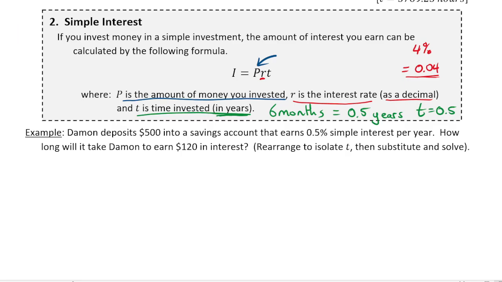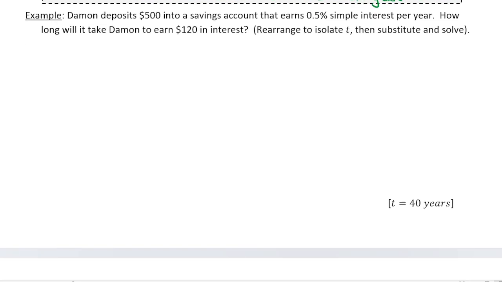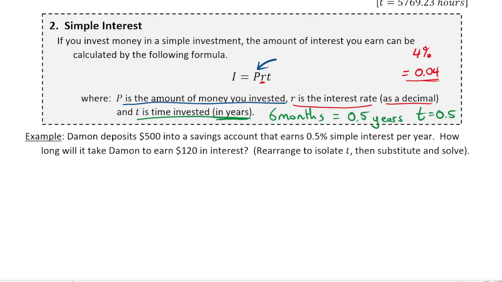So just like up above, we have our nice formula I equals PRT, but we might have to rearrange it if we want to solve for anything other than the amount of interest that we earned. Interest literally just means when you invest money, when you put money into an investment in the bank. Your savings account is technically an investment, but it doesn't earn very much money.